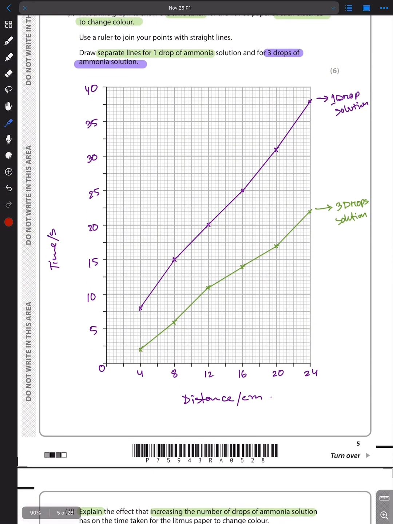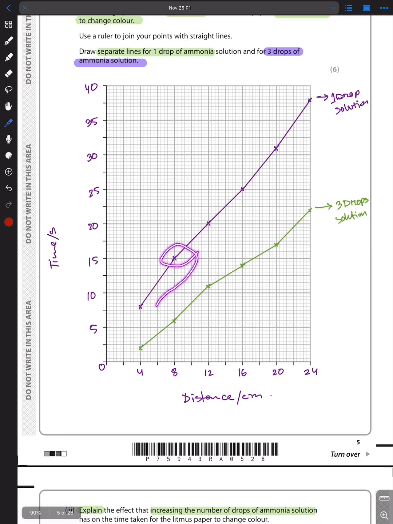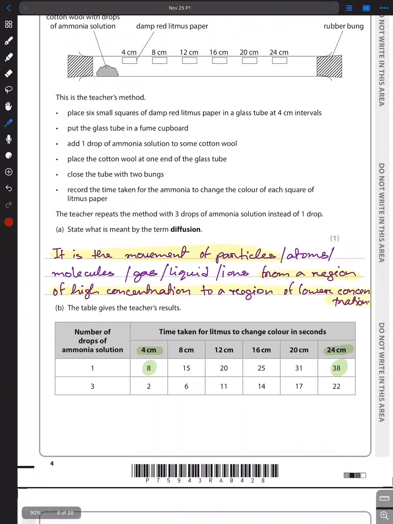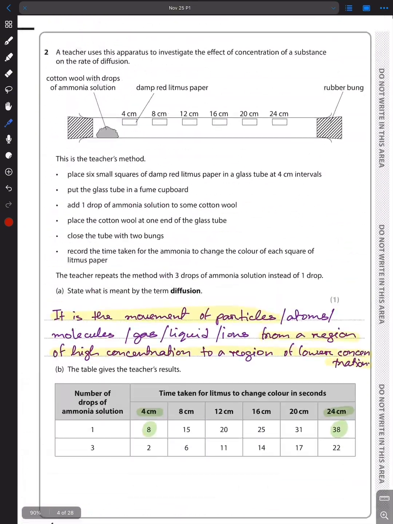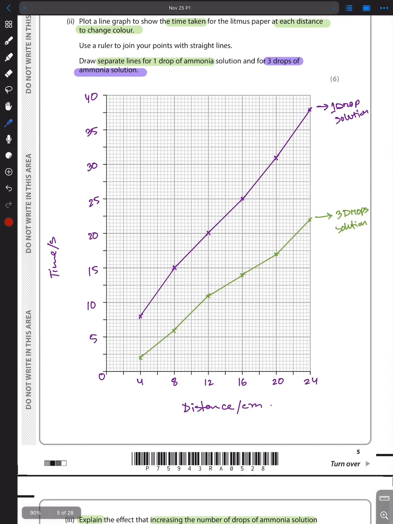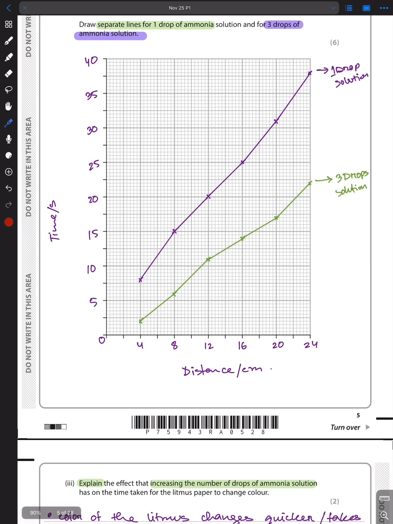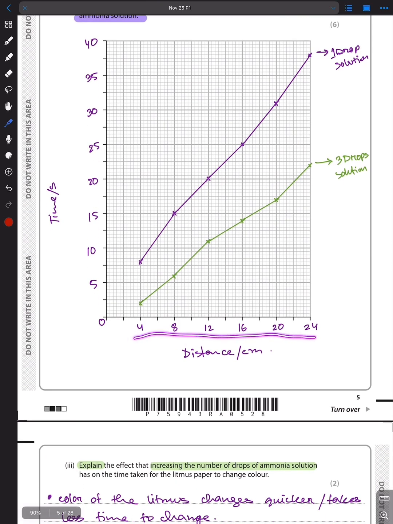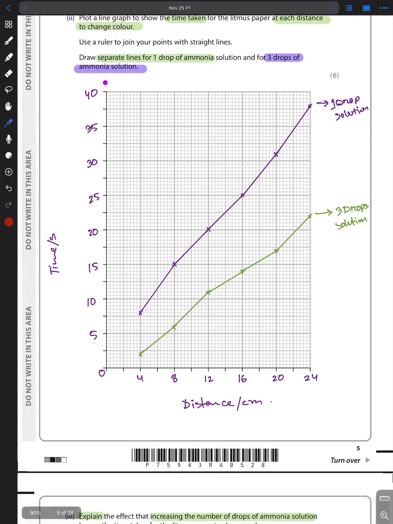So I have plotted all of these points using this table, and we have to give the key, or we have to label beside the line that this line is for 3 drops of solution and this line is for 1 drop of solution. We will always keep our independent variable on the x-axis and the dependent variable on the y-axis.